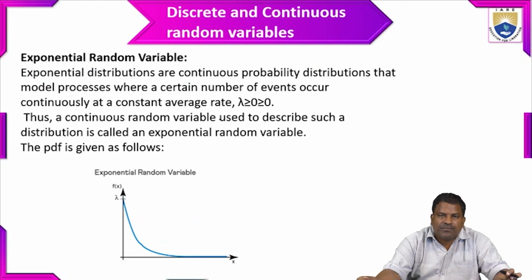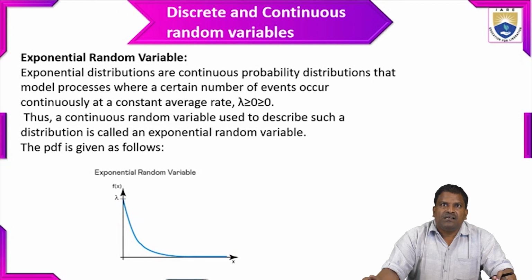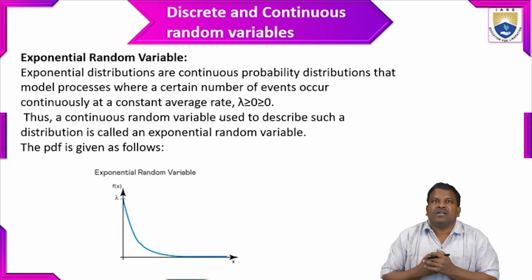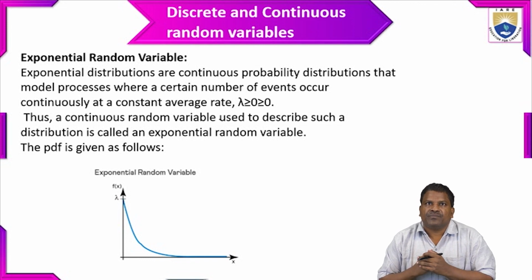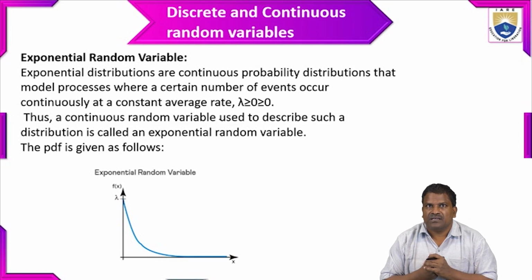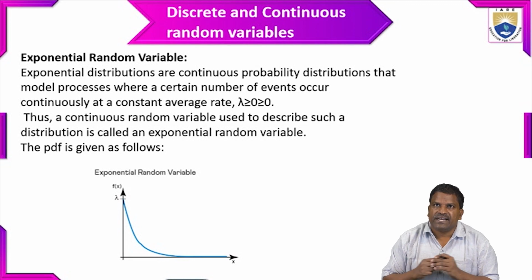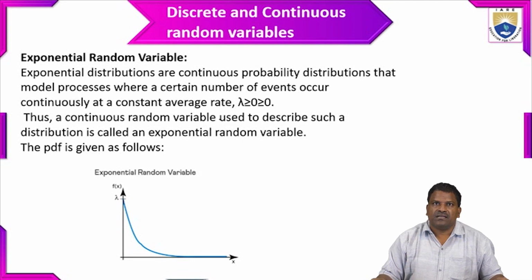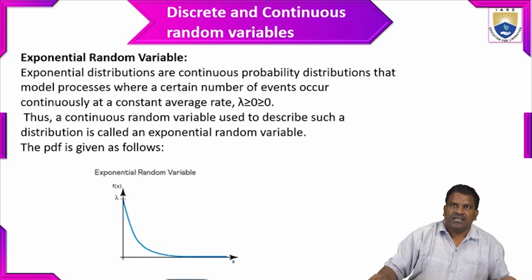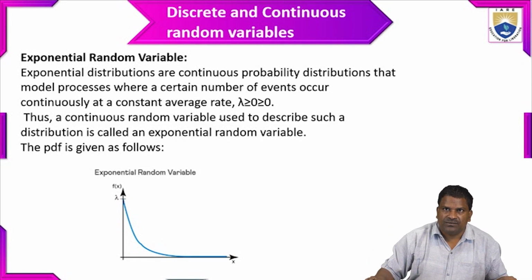Now let us see the exponential random variable, e to the power. What is exponential? These exponential distributions are continuous probability distributions that model processes where a certain number of events occur continuously at a constant average rate lambda greater than or equal to 0.